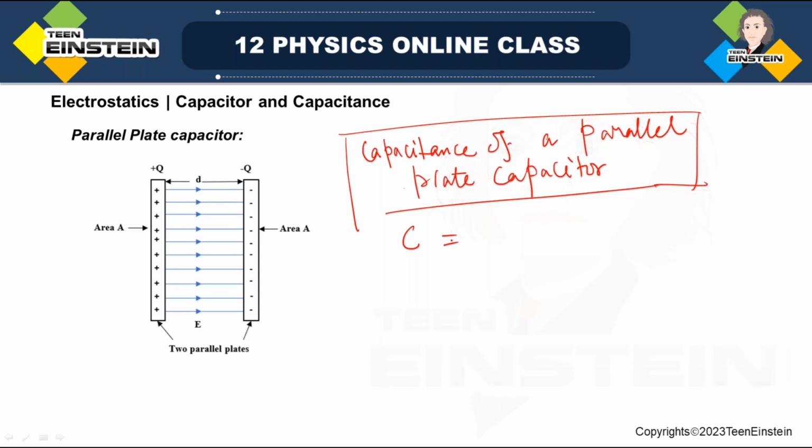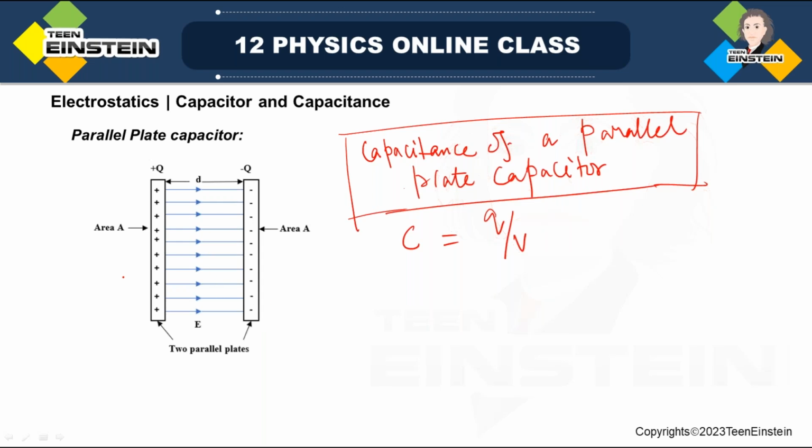Capacitance, we know, is Q by V. This is actually capacitance, isn't it? So we have to find out the potential difference across the space between the parallel plates.